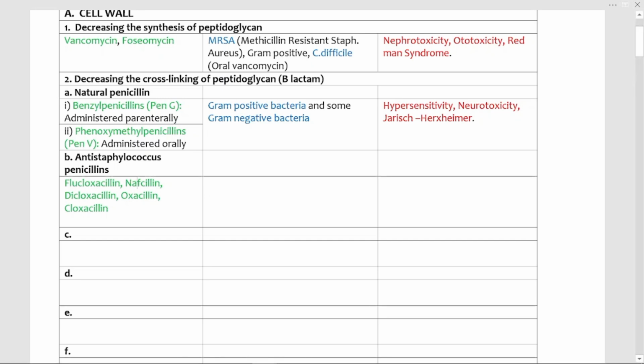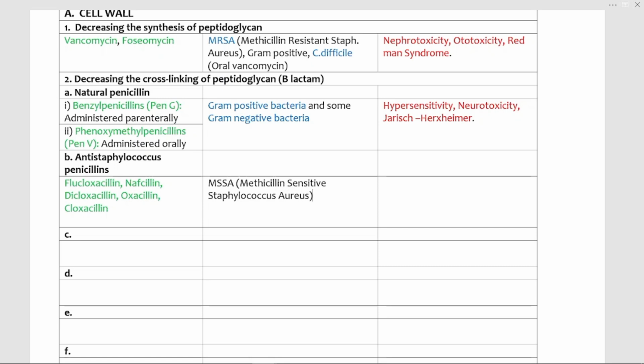Now these drugs are majorly indicated against MSSA. What does MSSA mean? It means methicillin-sensitive Staphylococcus aureus.